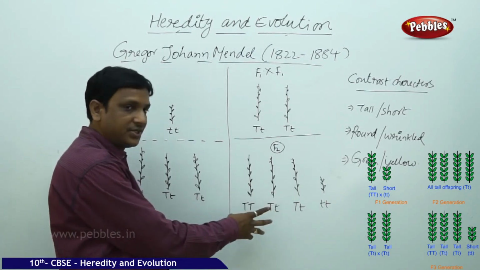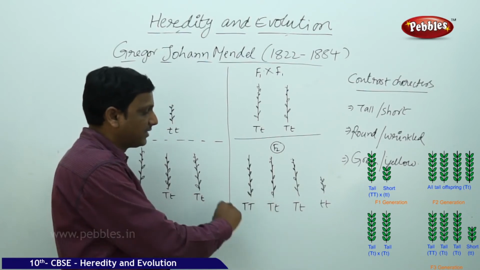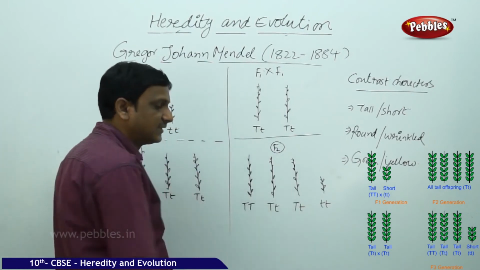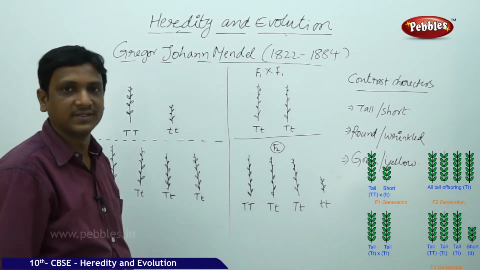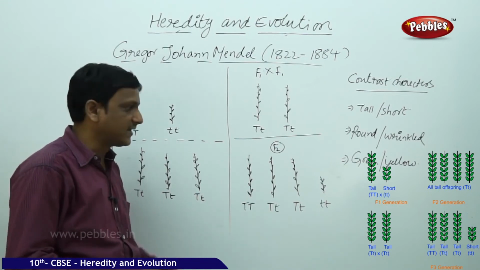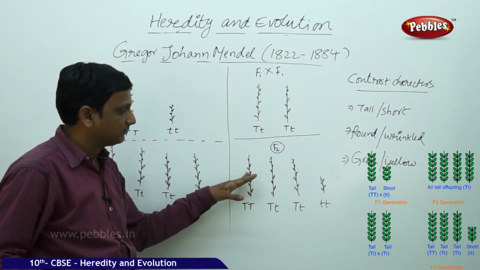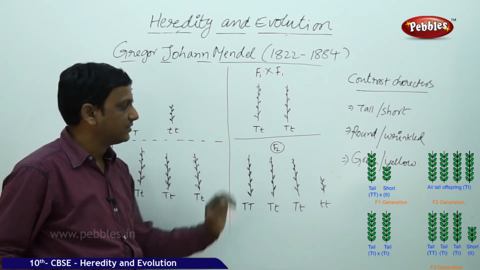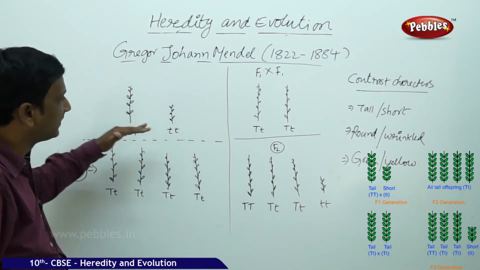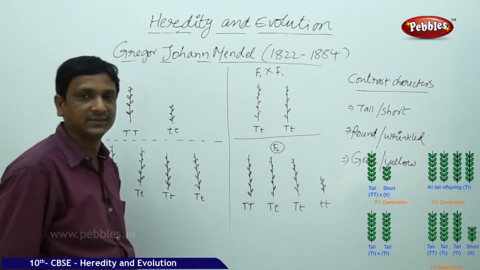So in the second generation, 25% is having completely dominant, 25% is having completely recessive traits, and the 50% is having mixed, one dominant and one recessive gene. But to look outside, all the three are tall, one is short. So this is how the inheritance of variations takes place.